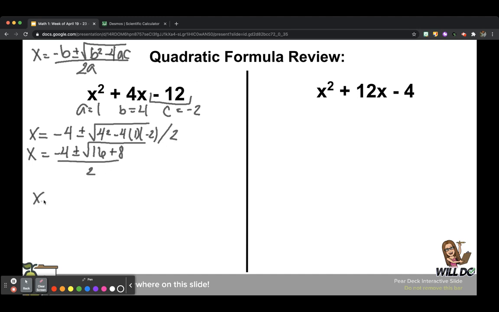So we have x is equal to negative 4 plus or minus 16 plus 8, all over 2. So within this section right here, we have the number 24.